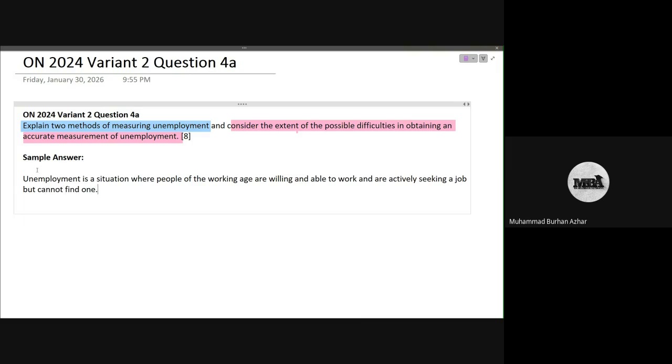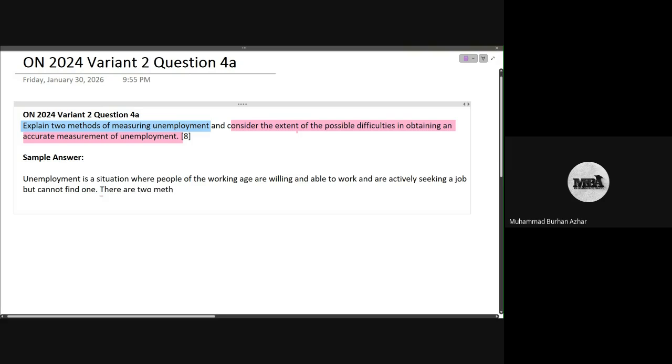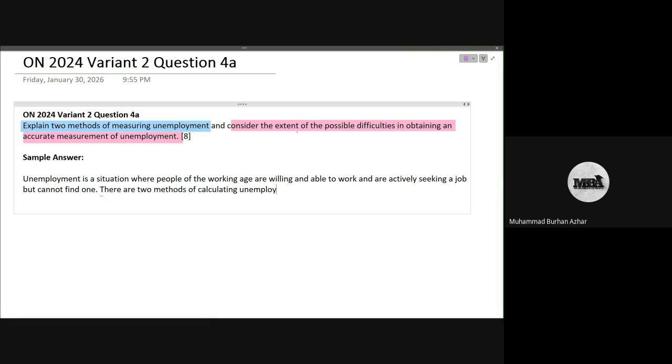Right? So there are two methods of calculating unemployment. Number one being the claimant count, and number two being the labor force survey, commonly known as the ILO method, the International Labor Organization method.